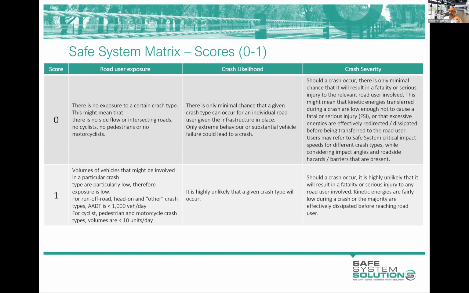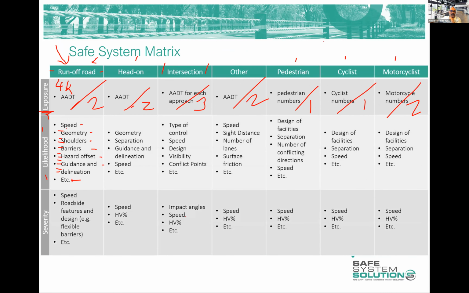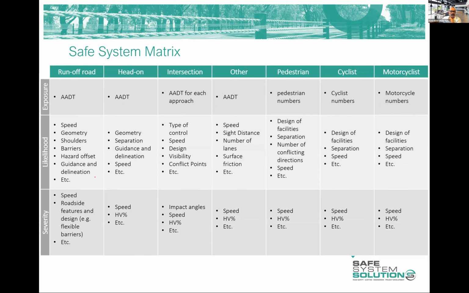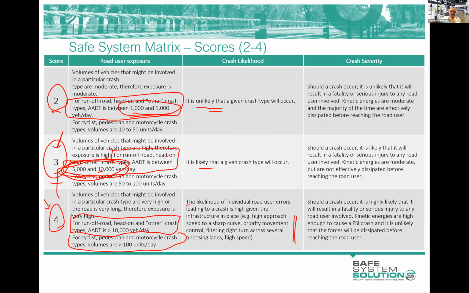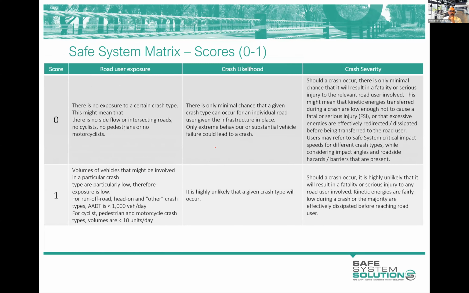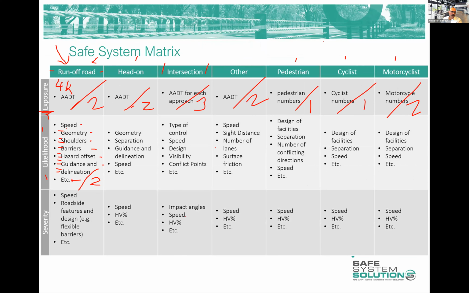But we then go back and we say, okay, all of these things on this road, and I think it's maybe a 2 here. It's a 2 because I think it's unlikely that a given crash type will take place, because they've got medium speed.